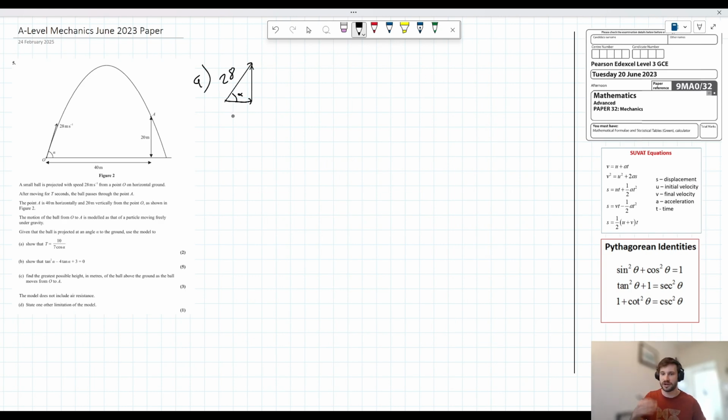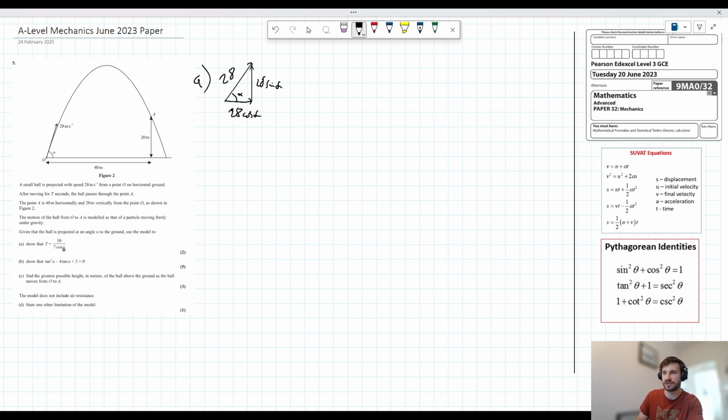Using a vector decomposition shortcut that I'm trusting you guys are familiar with, we can say that the horizontal component here is 28 cos alpha, and the vertical component here is 28 sine alpha. Just place that. 28 sine alpha. Okay, so this provides us with a useful framework.